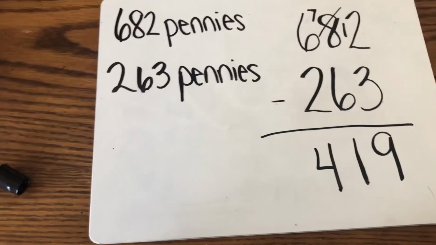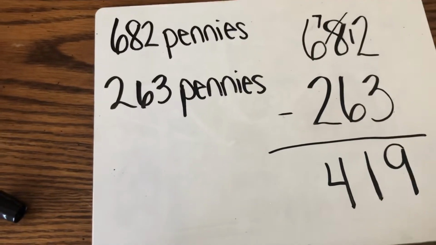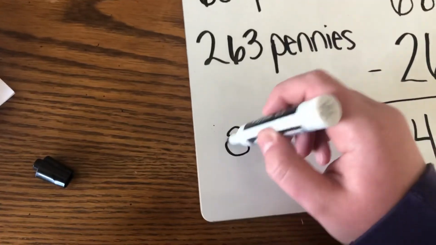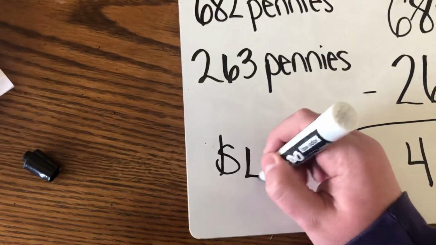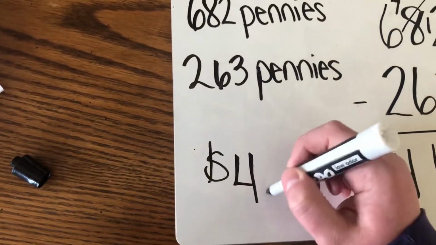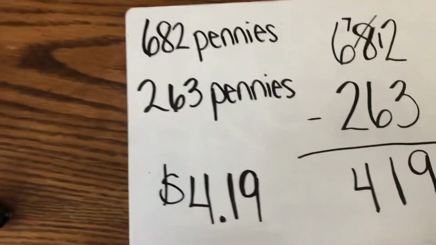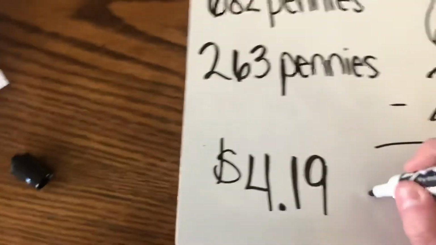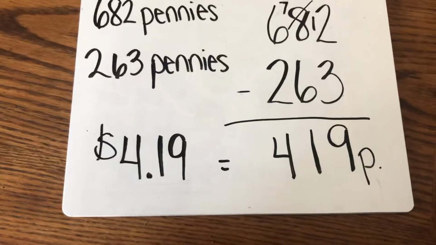Okay, how are we going to write 419 using a dollar sign? How are we going to do that? Remember, I need to start off with a dollar sign, then 4, decimal point, 19. $4.19 also equals 419 pennies.